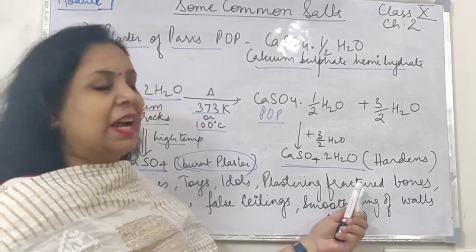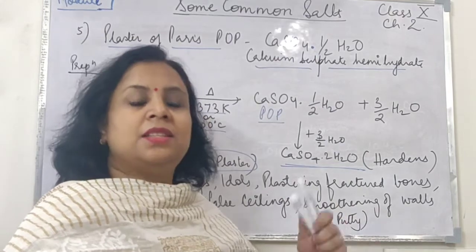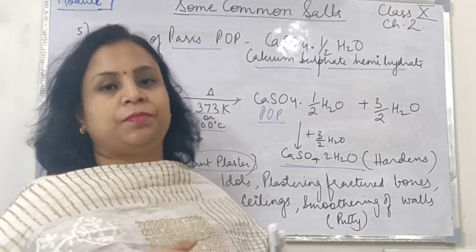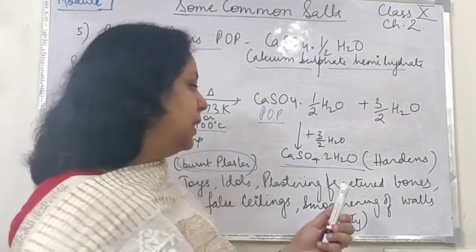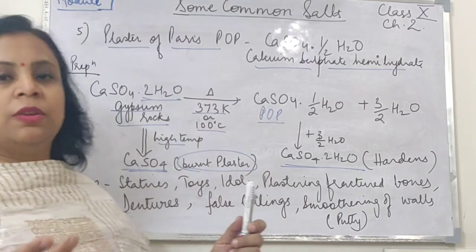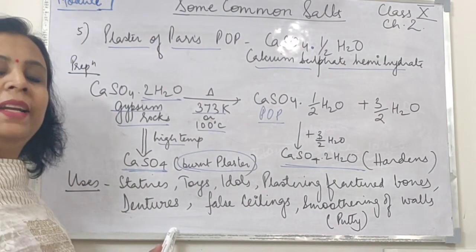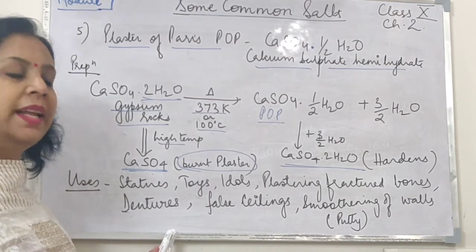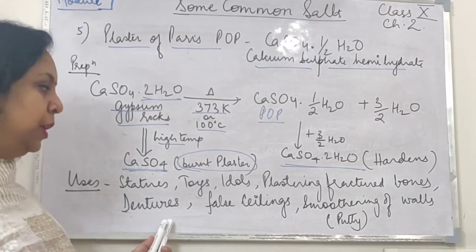When people get a fracture, the doctor plasters that portion with the help of POP and some cotton. So that is also one of the uses of POP. Then again, it is also used by dentists for making artificial dentures. Before giving the permanent dentures, they take the measurements in POP.